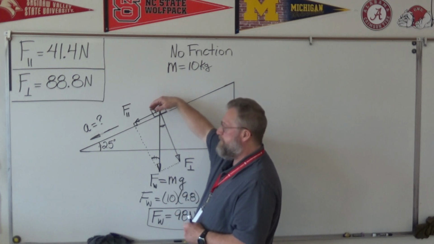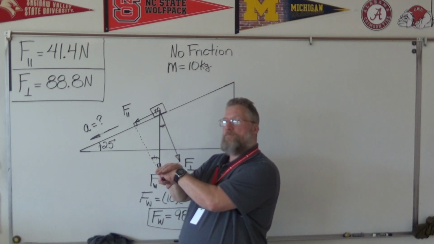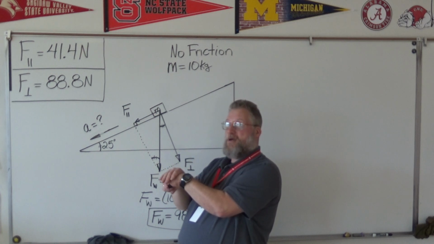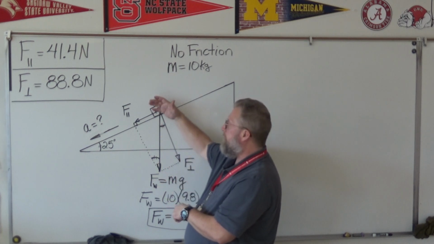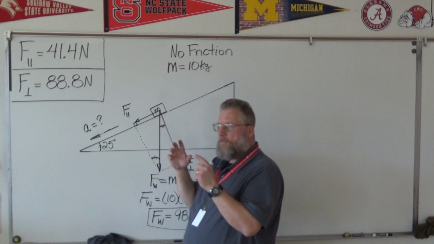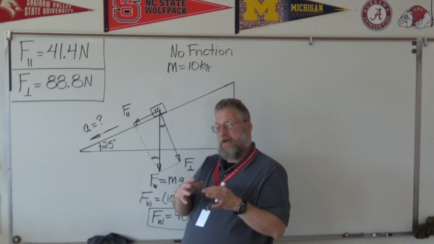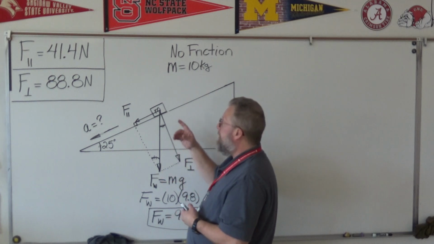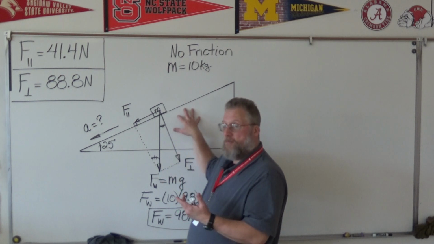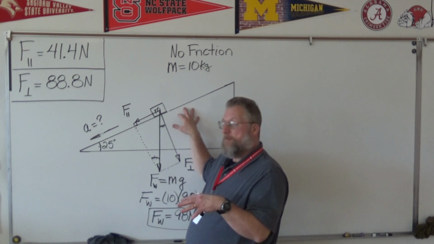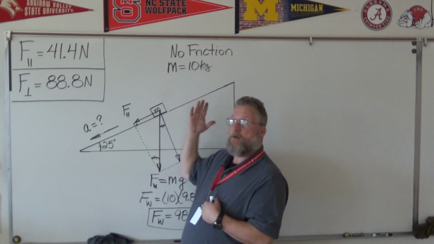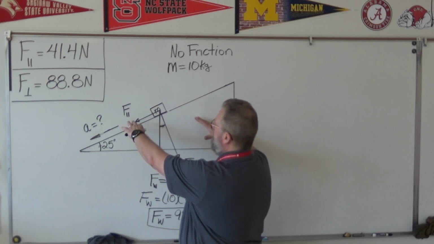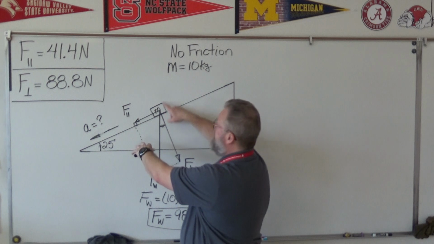Remember, when you have an object sitting on top of a table, or on the floor, or in your chair, or on your desktop, the weight of the object pulls down. But of course, Newton's third law, there's an action-reaction. The reaction force that you learned already is that the inclined plane, or the floor, or the table, or the desktop is pushing straight back up again. Well, in this case, straight back up isn't necessarily straight up, is it?